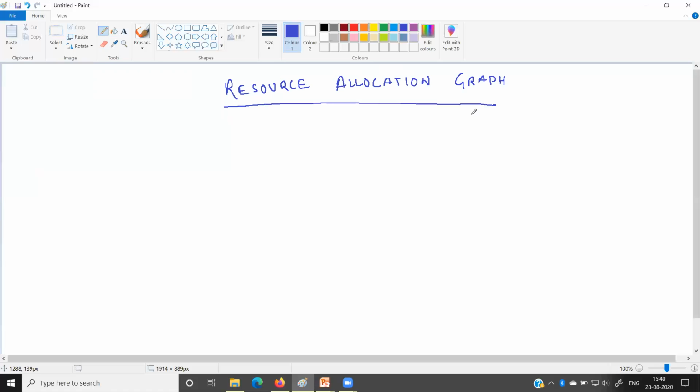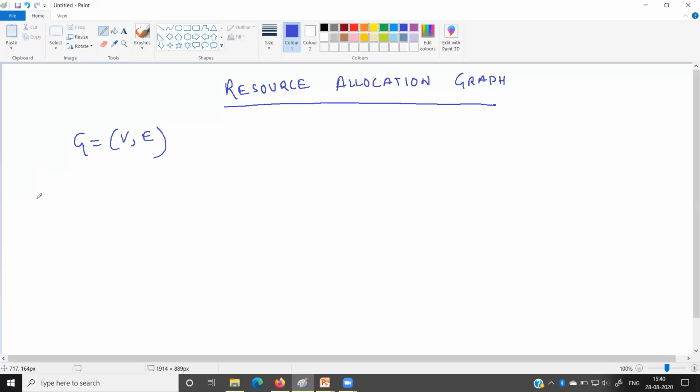Now for the resource allocation graph, we have to draw a graph. As you know, a graph G is a set of vertices and a set of edges. Before drawing this graph, we have to initialize what will be the vertices and what will be the edges.